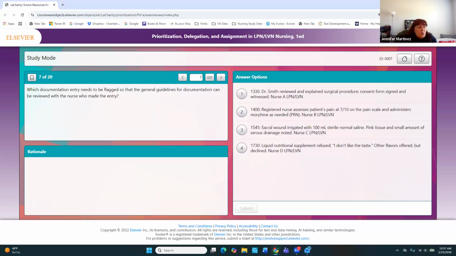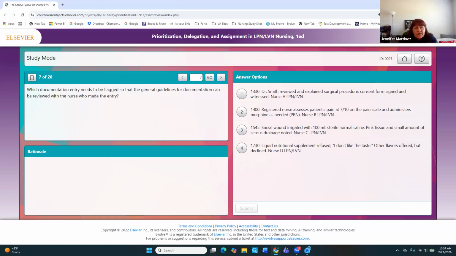All right. Which documentation entry needs to be flagged so that the general guidelines for documentation can be reviewed with the nurse who made the entry? So, which documentation entry needs to be flagged so that the general guidelines for documentation can be reviewed with the nurse who made the entry? So, we're looking for the incorrect documentation.